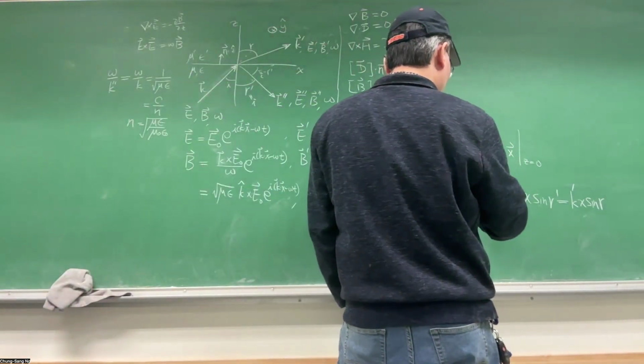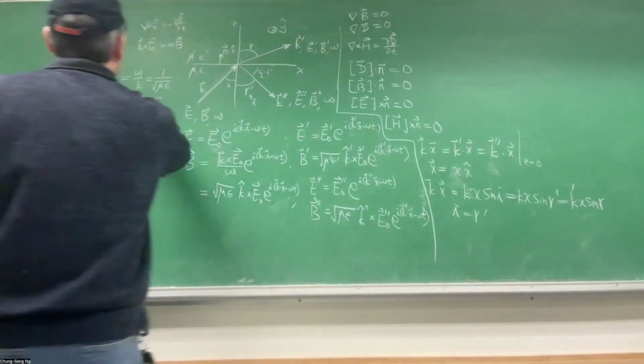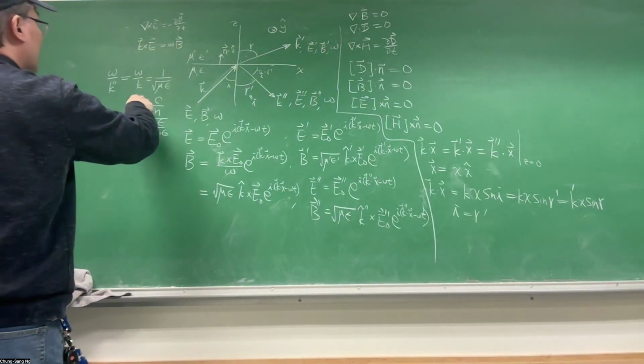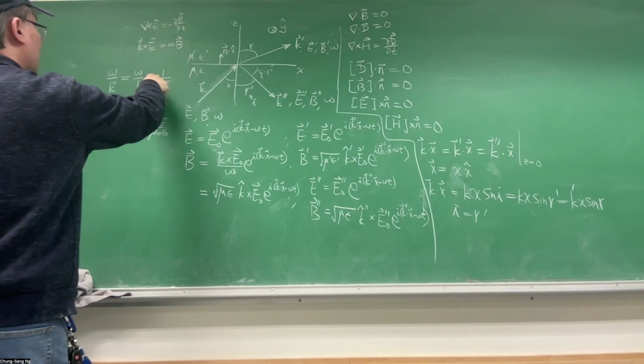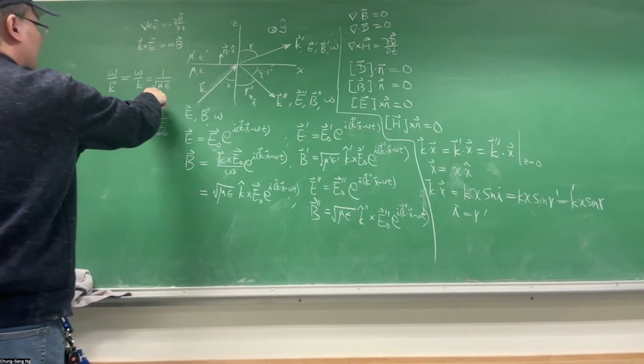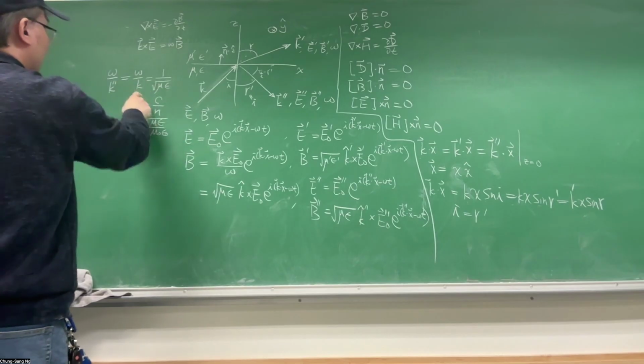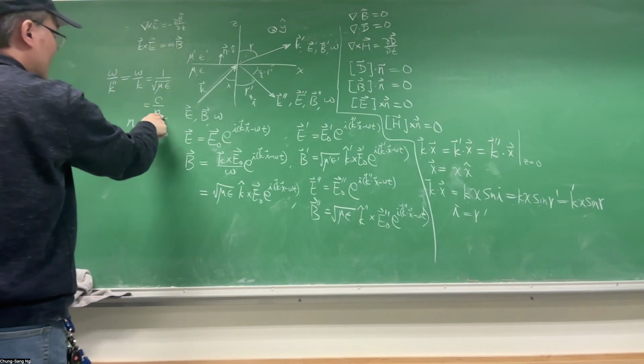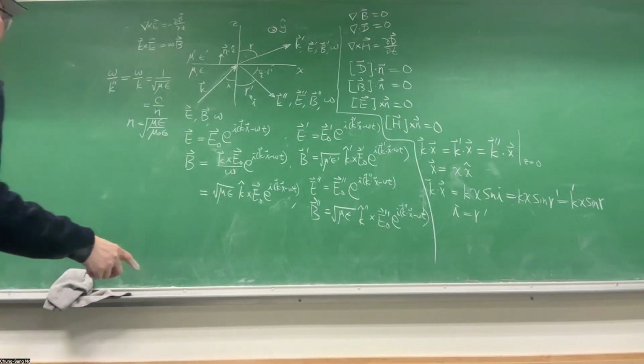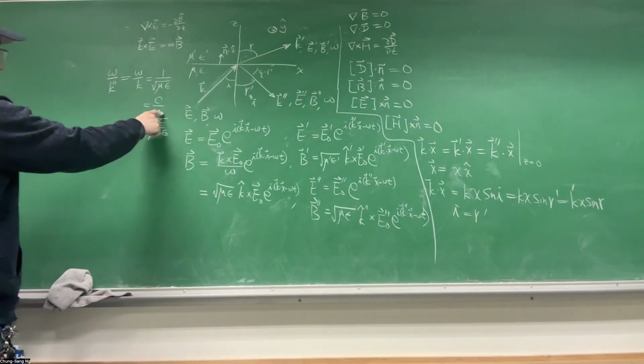K is omega times square root of mu epsilon, or in other words, you can use the index of refraction.